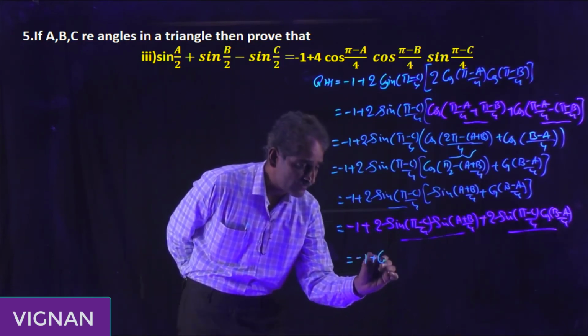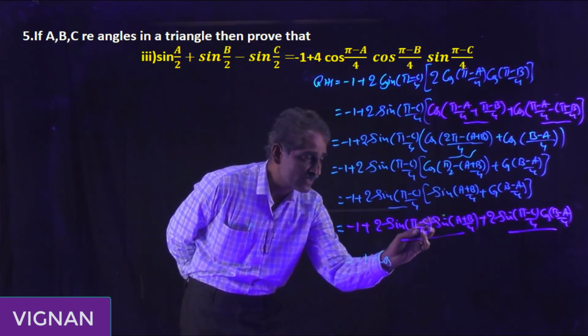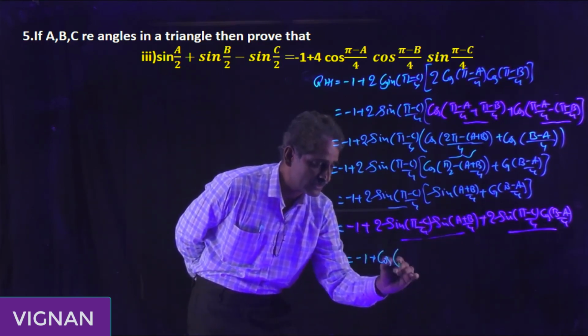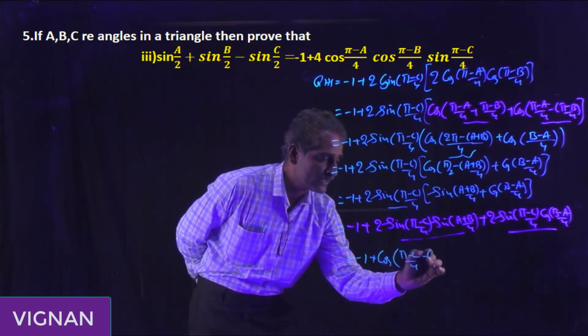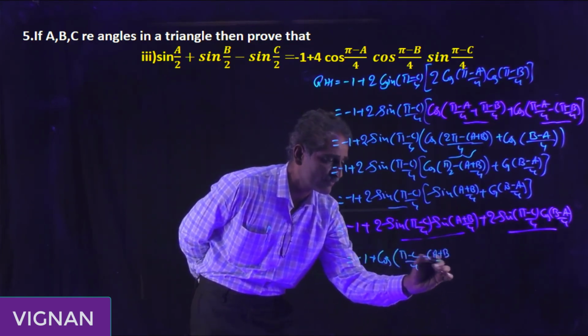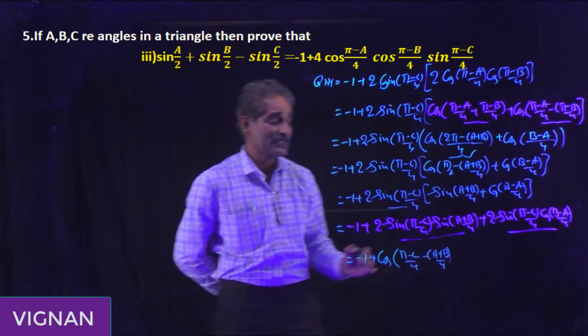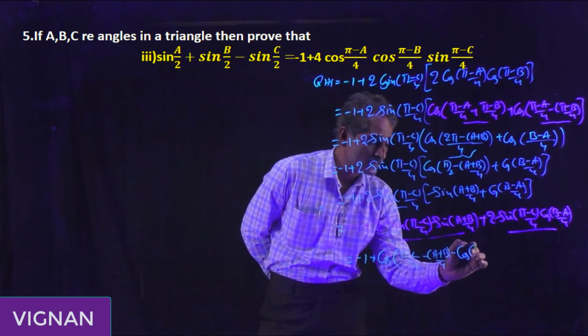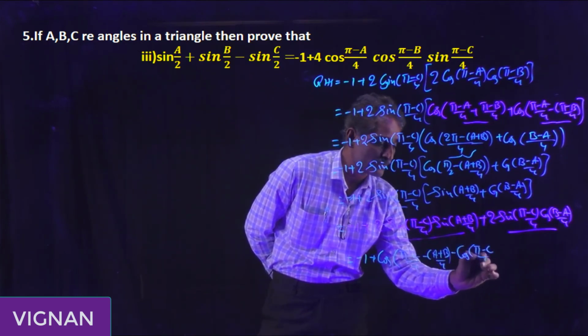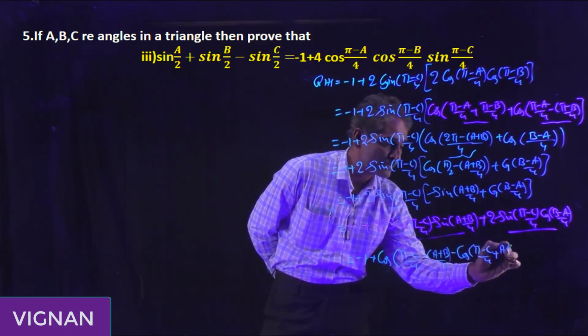For 2 sin A sin B, cos of (A minus B), that means (pi minus C)/4 minus (A plus B)/4, cos(A minus B) minus cos(A plus B), where A plus B is (pi minus C)/4 plus (A plus B)/4.